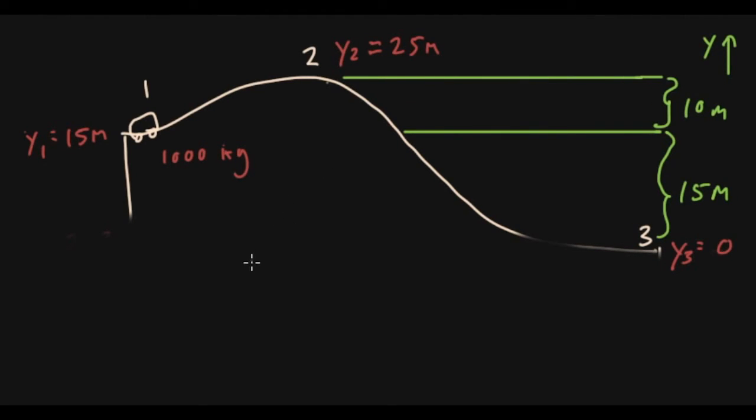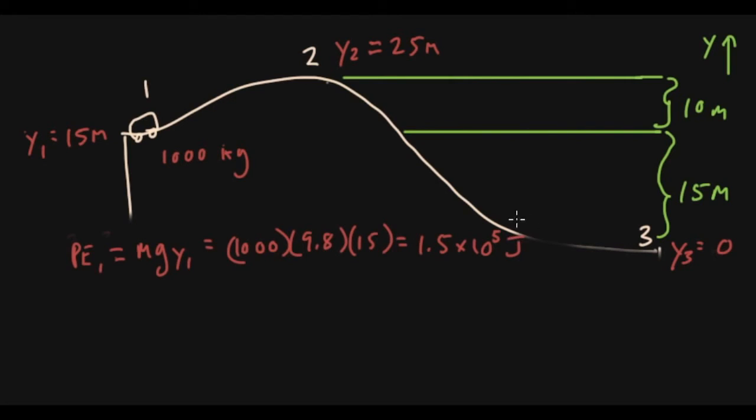Okay, question is, what is the potential energy here at 1? Okay, so you can see it's a positive potential energy. We've gone up to height 1. We now have this potential.